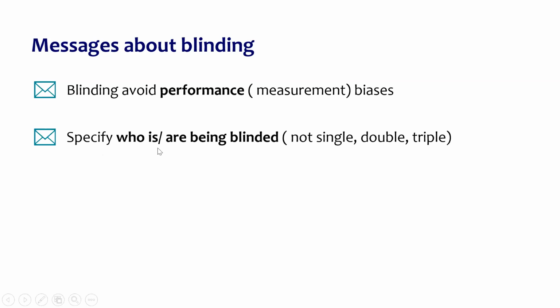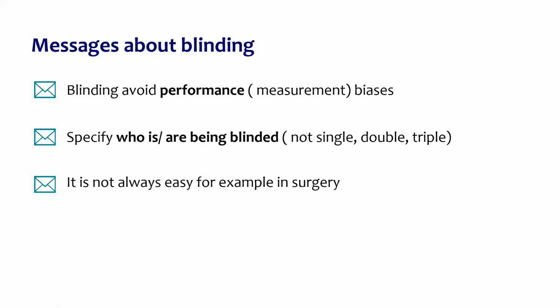Specify who is or are being blinded. In studies we still commonly use single-blind and double-blind studies. In fact, recently, because the number of people we can blind differs, as you saw, it is better to say who is going to be blinded in your study: the patient, the researcher, the biostatisticians, etc. It is not always easy to do blinding.